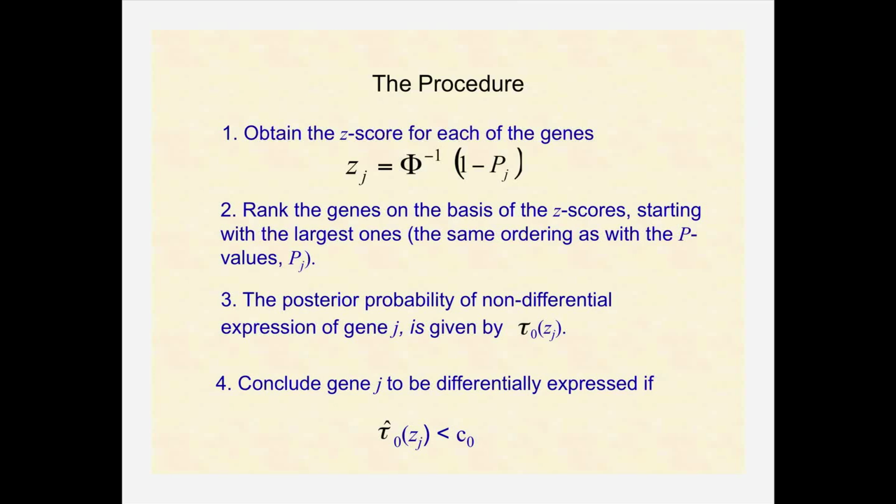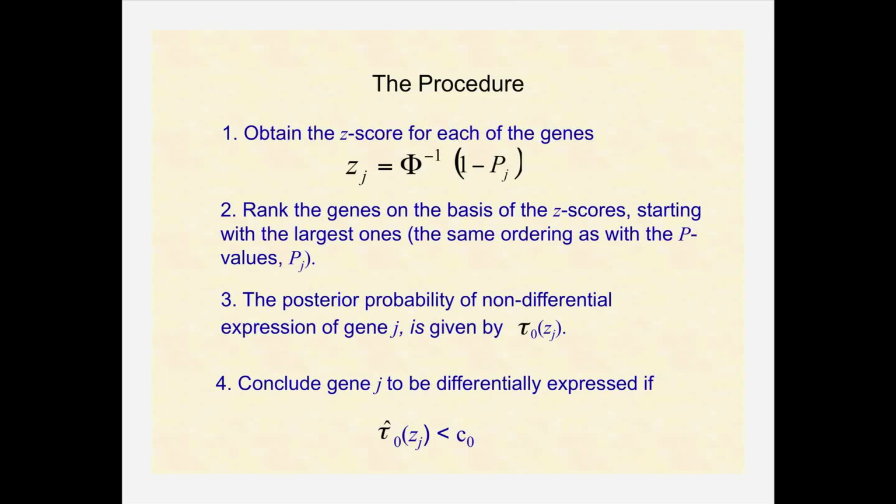And this is the distribution function for the standard normal. So if this p-value is going to have a uniform distribution under the null, then this will have a standard normal. And genes that are differentially expressed are going to show up by having large positive values for this z-score. So we're back on the whole real line, and we can fit normal mixtures.